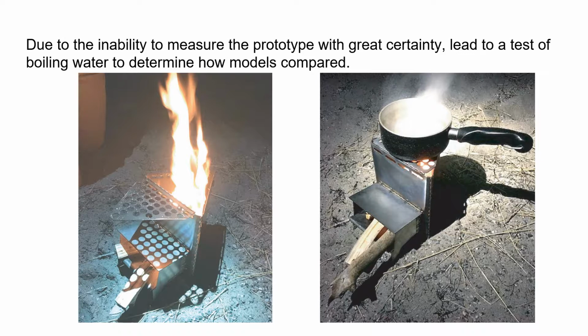Due to this inability to measure the prototype, we turned to boiling water, using 2 cups of water with an initial temperature of 10 degrees Celsius. It began boiling in 9 minutes with a final temperature of 96 degrees Celsius. It was calculated that approximately 305 watts would be needed to boil the water in that time.